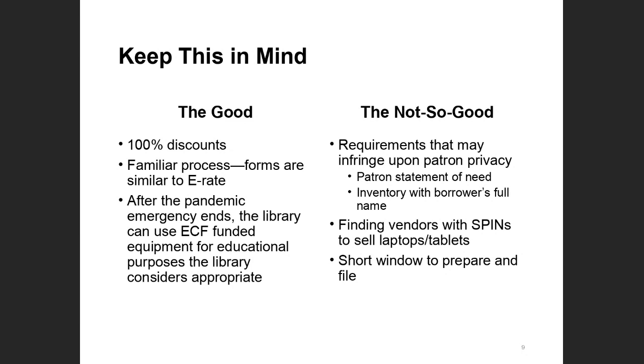Also, once the pandemic emergency ends, your library can use the equipment purchased through the ECF for really any educational purpose that your library deems appropriate or fit. And educational purposes can be defined pretty broadly, so basically you can use the equipment for any purpose that your library really sees fit after the emergency ends.